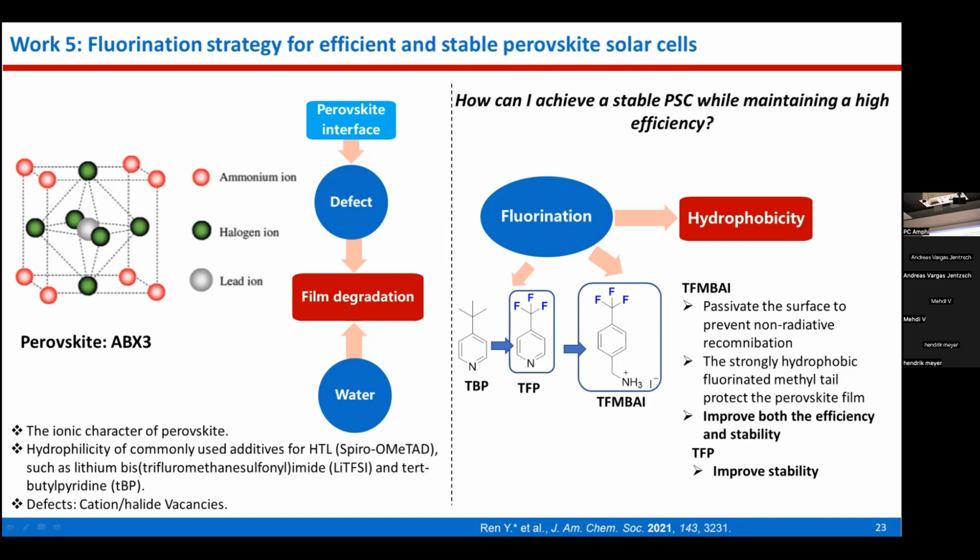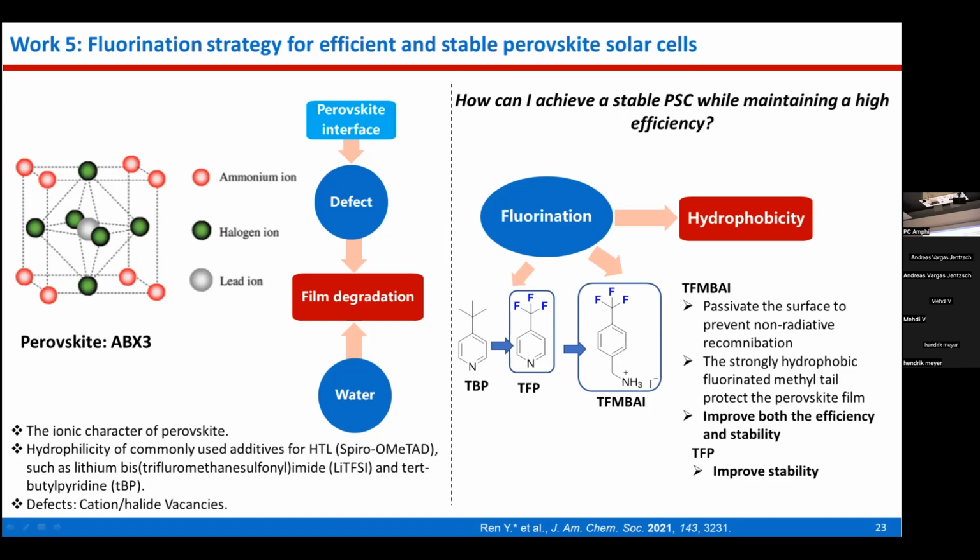That is, I designed two fluorinated small molecules. One is the trifluoromethylpyridine, TFP. Another is a fluorinated aniline salt. For this salt, I expected it to passivate the surface to prevent non-radiative recombination. Also, the strongly hydrophobic fluorinated methyl tail protects the perovskite film from being attacked by moisture, thus increasing the long-term stability.